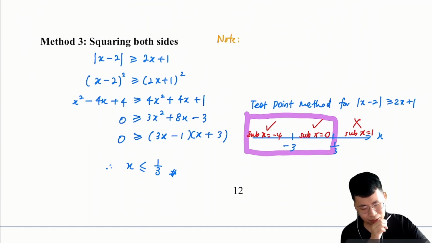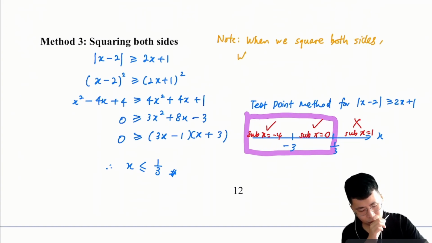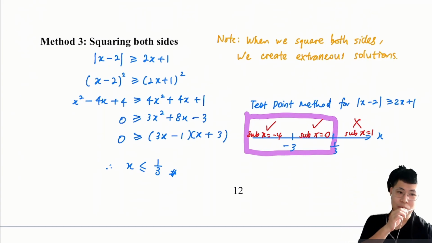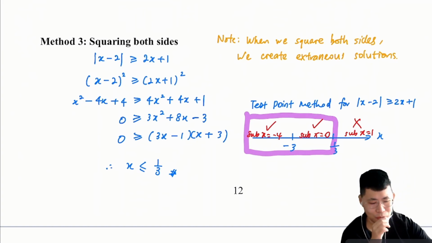So note, when we square both sides of expressions, we create extraneous solutions, or extra solutions. This is the method that we'll need to take note of whenever we solve this kind of inequality, where one side is modulus and the other side is not modulus.